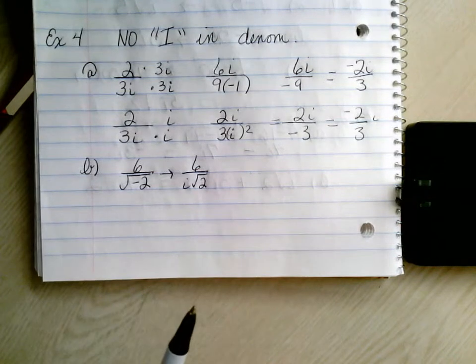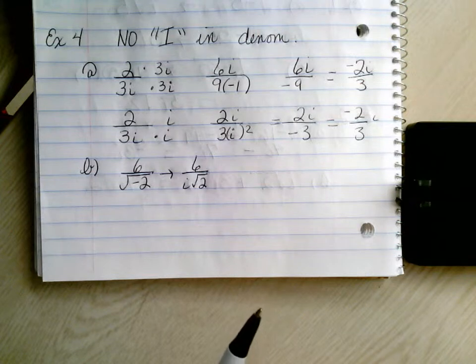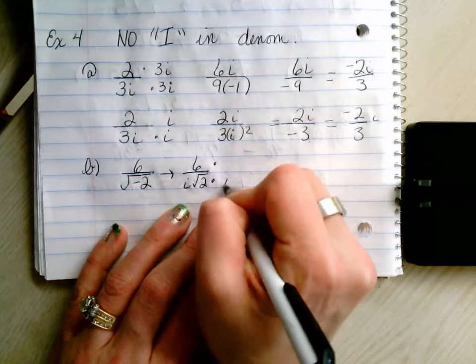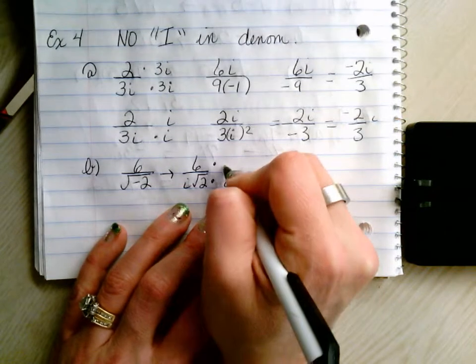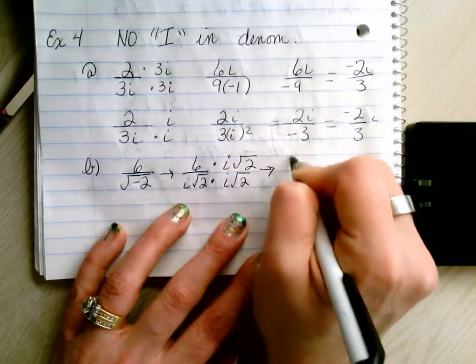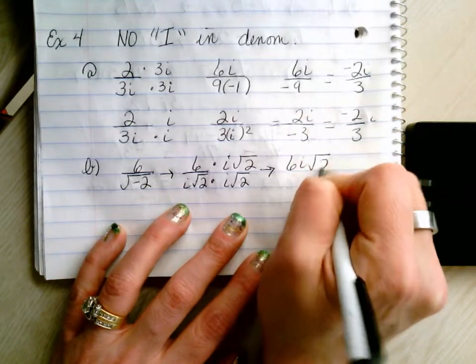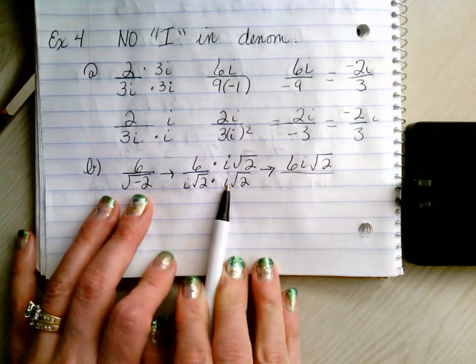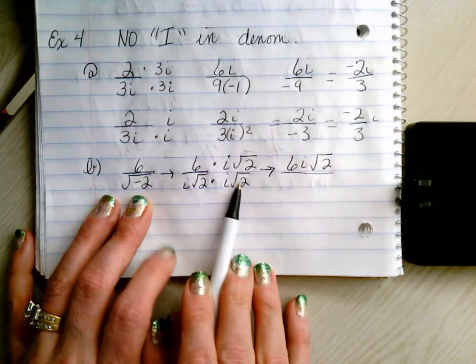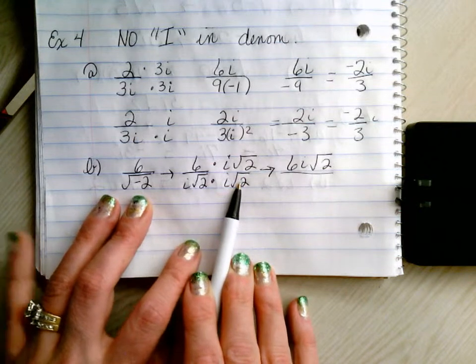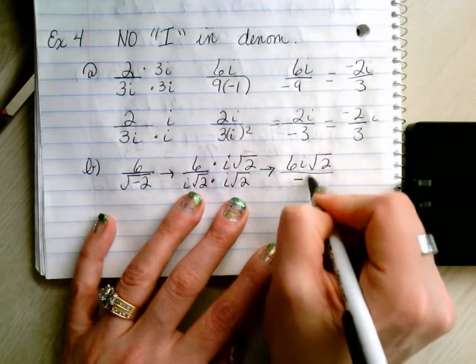So, in any case, multiplying by the i and the radical 2 in the top and the bottom, the numerator results in 6i, and the denominator, i times i is negative 1, radical 2 times radical 2 is 2, so you end up with a negative 2.